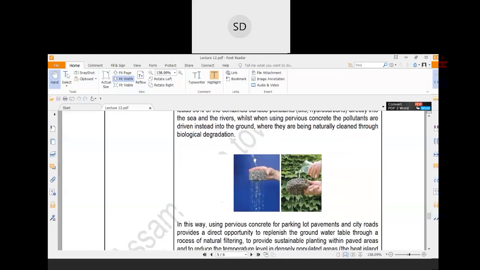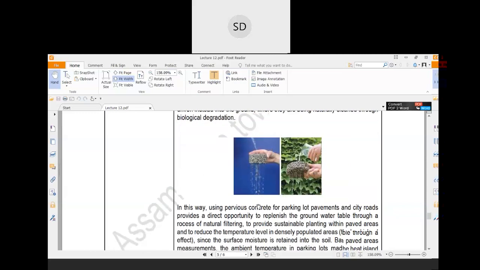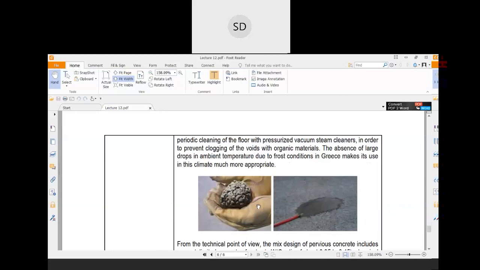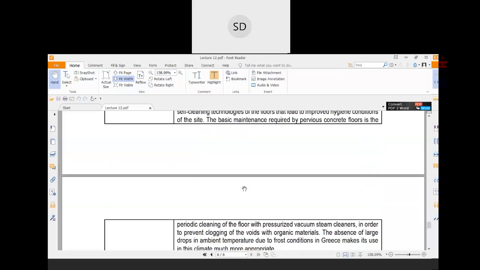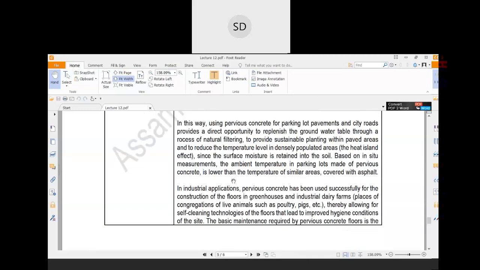So see, this is pervious concrete. Whenever water is added, all this water can penetrate through this pervious concrete. In industrial applications, pervious concrete has been used successfully for the construction of floors in greenhouses and industrial dairy farms.